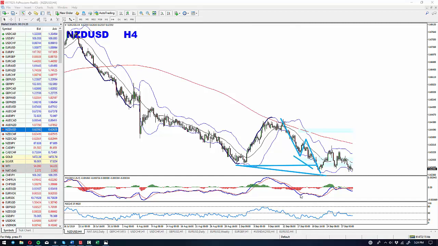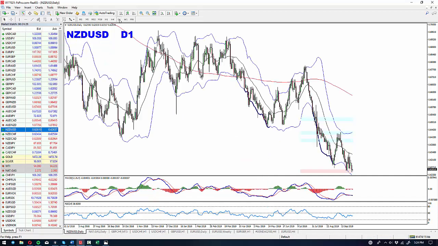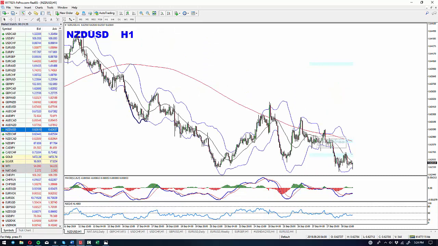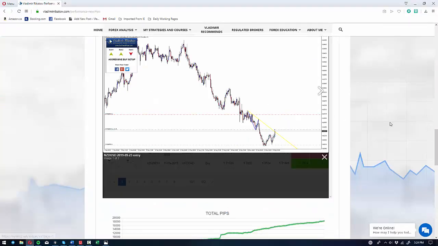The fact it is creating a bullish divergence here, and the fact that the daily is as well creating a bullish divergence, gives us the opportunity to enjoy some bounce, or at least some temporary correction. That was the logic behind this trade.